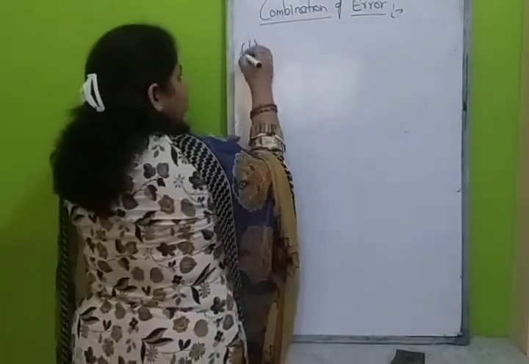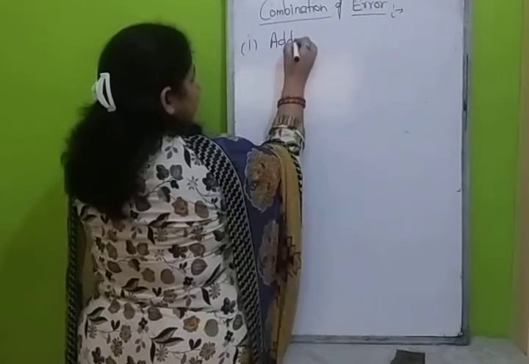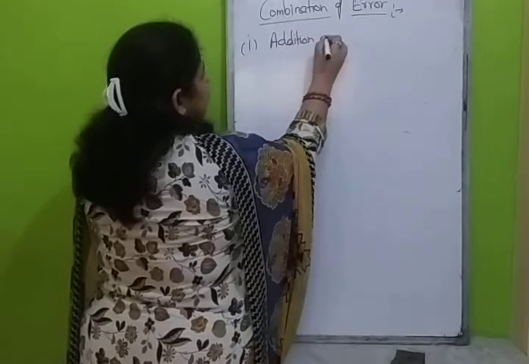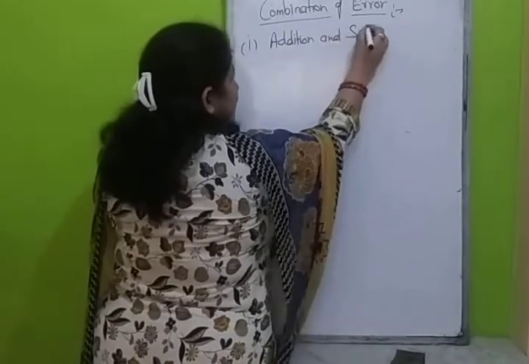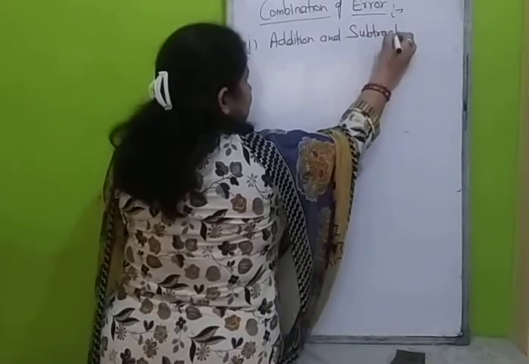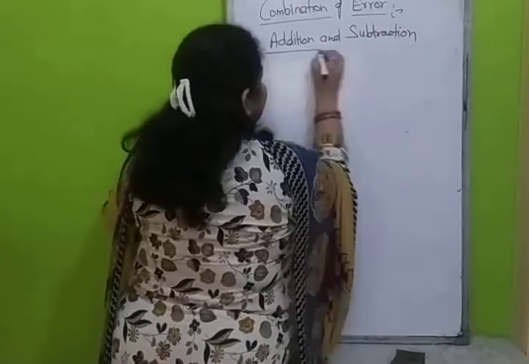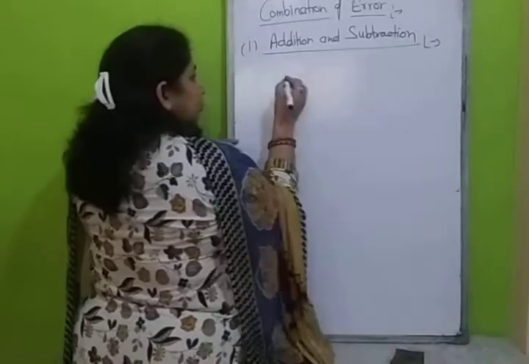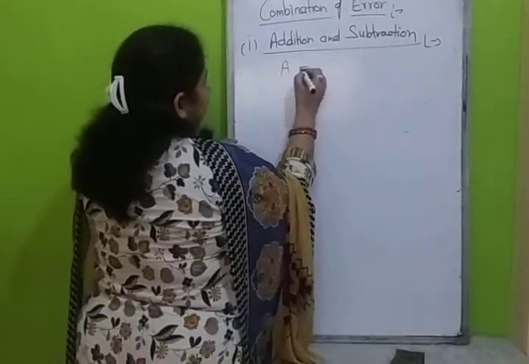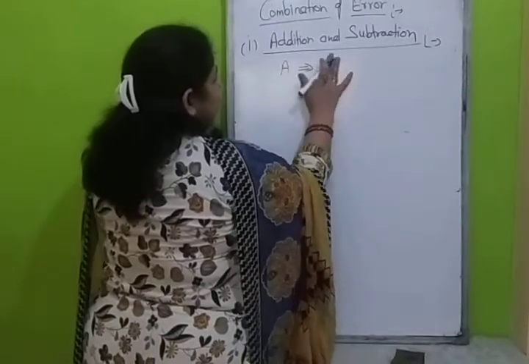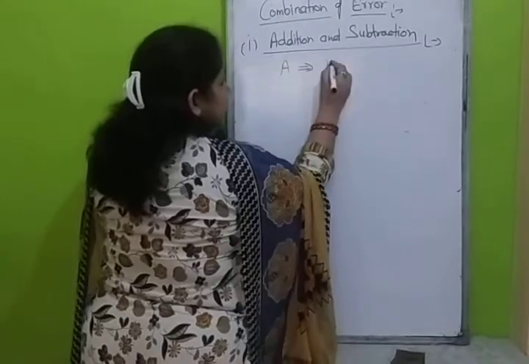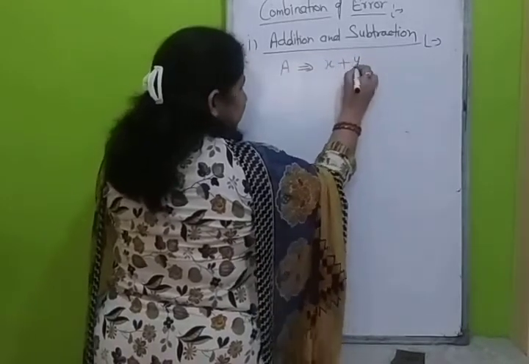First we will do it for addition and subtraction. Suppose we have a quantity A, and we can find this as x plus y.